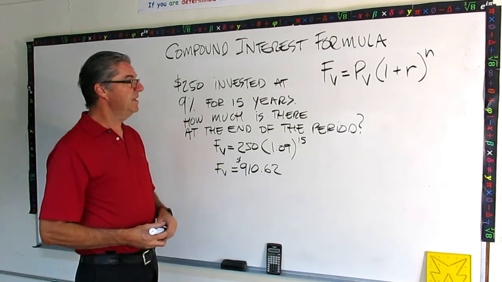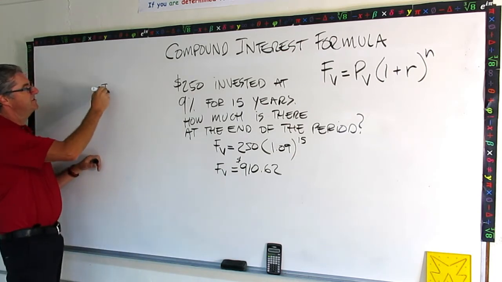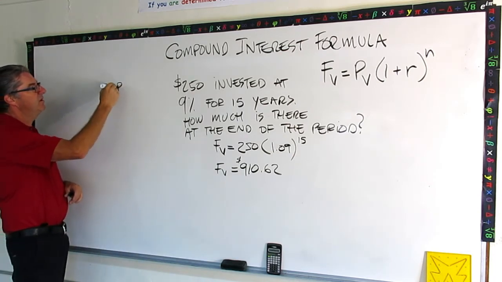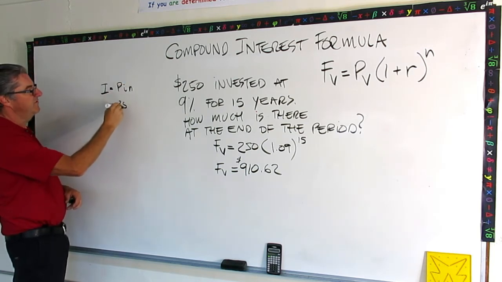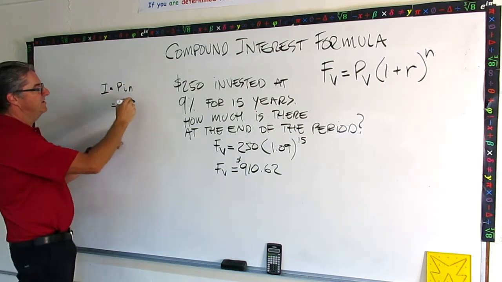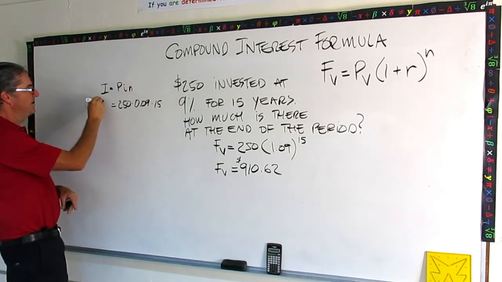So just to compare, let's do that. Remember that calculation is the interest itself equals the principal times the rate times the number of years. So that's going to be 250 times 0.09 times 15. That's going to be the interest.